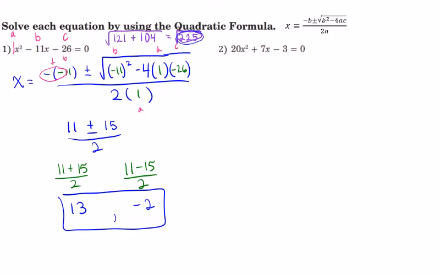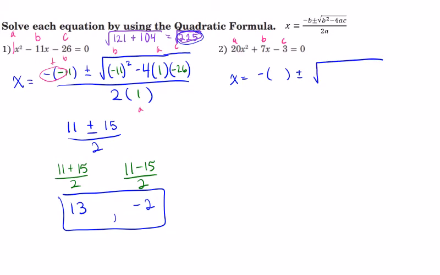All right. And once again, we'll summarize and come back to that. All right, let's take a look at number 2. So I'm going to start by setting one side equal to 0, identifying A, B, and C. A is 20, B is 7, and C is negative 3. So now I'm going to set up this shell.